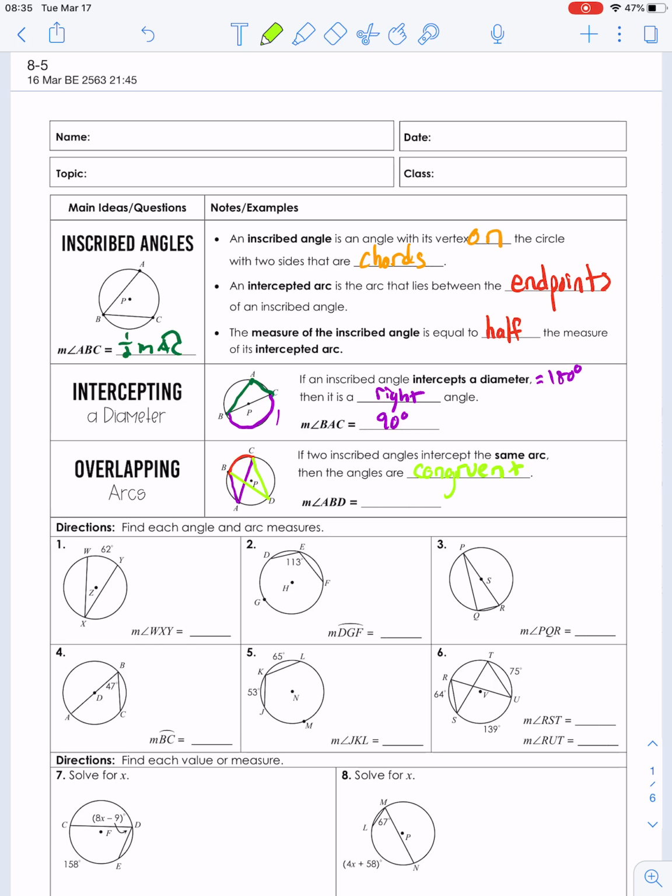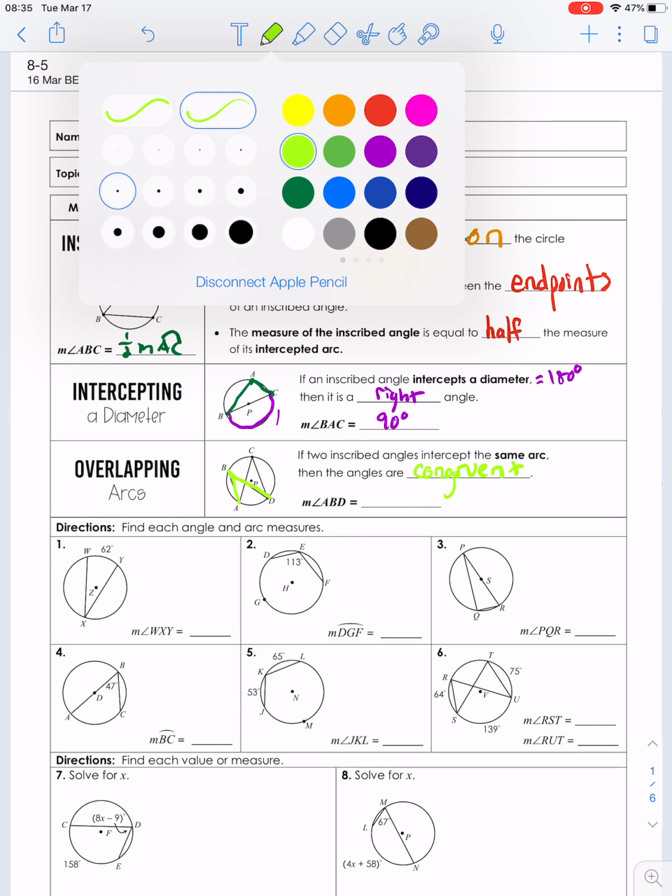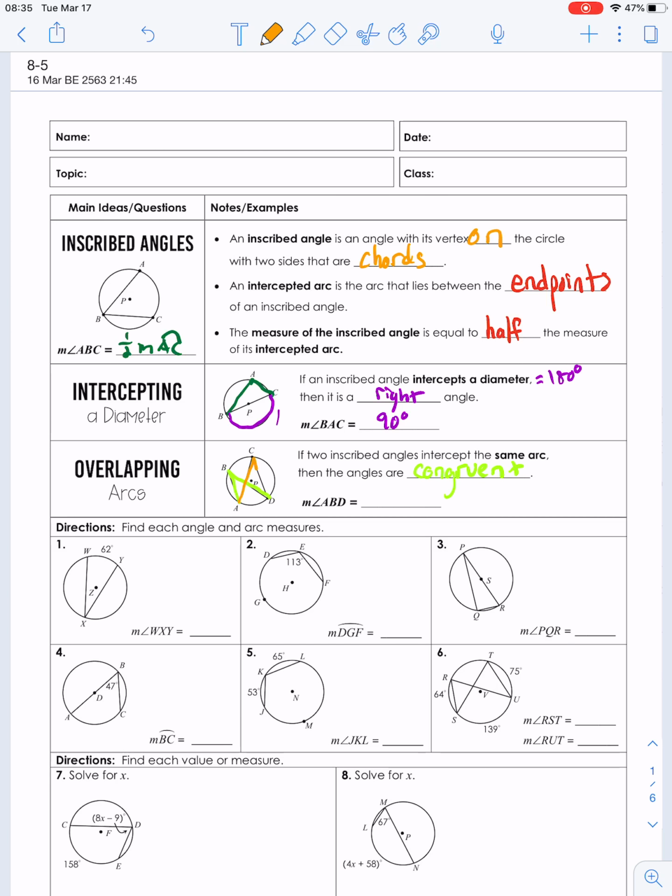Which means the measure of ABD, yep, ABD. Oh, they did it the other way. Whoops. Yeah, there are other arcs as well. So let's go back. So they did it this way. So they did this arc, this inscribed angle, and this inscribed angle.